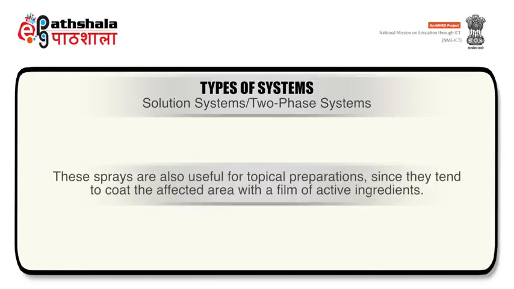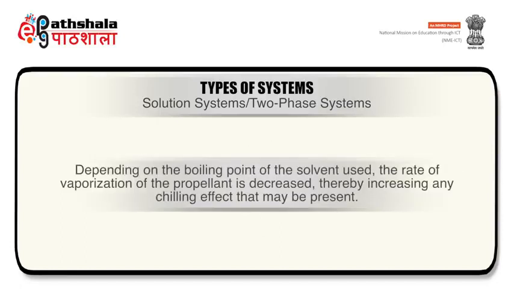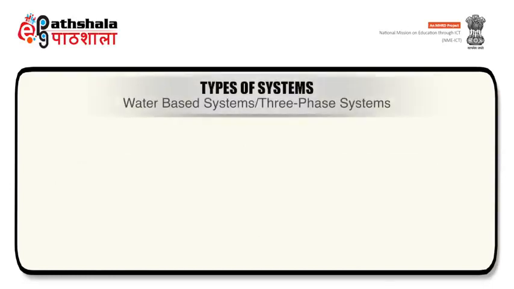These sprays are also useful for topical preparations because they tend to coat the affected area with a film of active ingredients. Depending on the boiling point of solvent used, rate of vaporization of propellant is decreased, thereby increasing any chilling effect that may be present. Now we will talk about water-based systems.